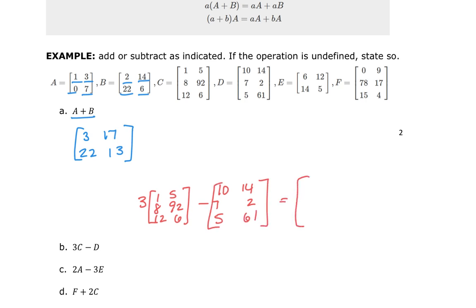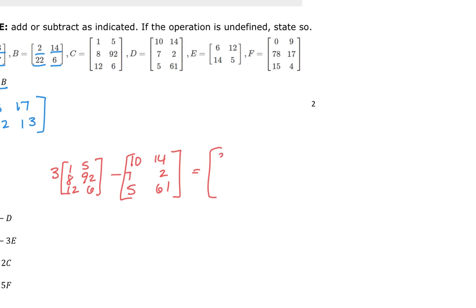So I'm going to do it step by step here. I'm going to do 3 and 15 and 24 and 276 and 36 and 18. That's my 3 times my C. Then I'm going to subtract off 10, 14, 7, 2, 5, and 61.